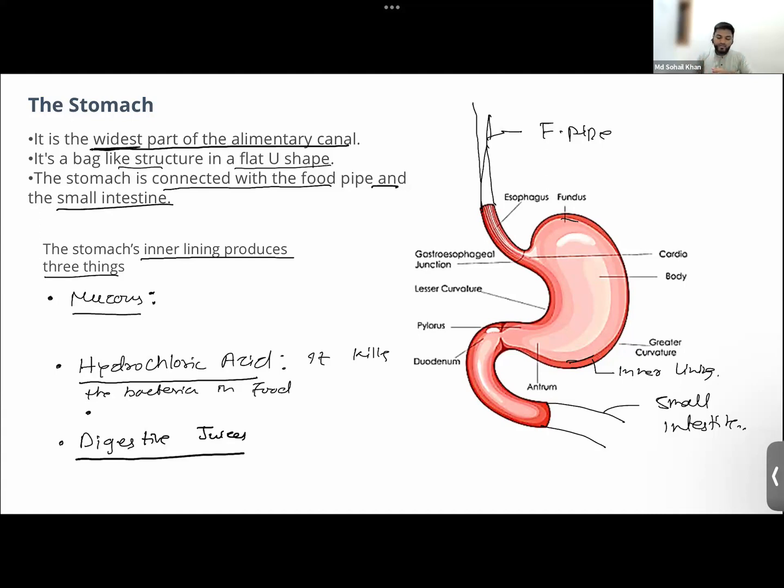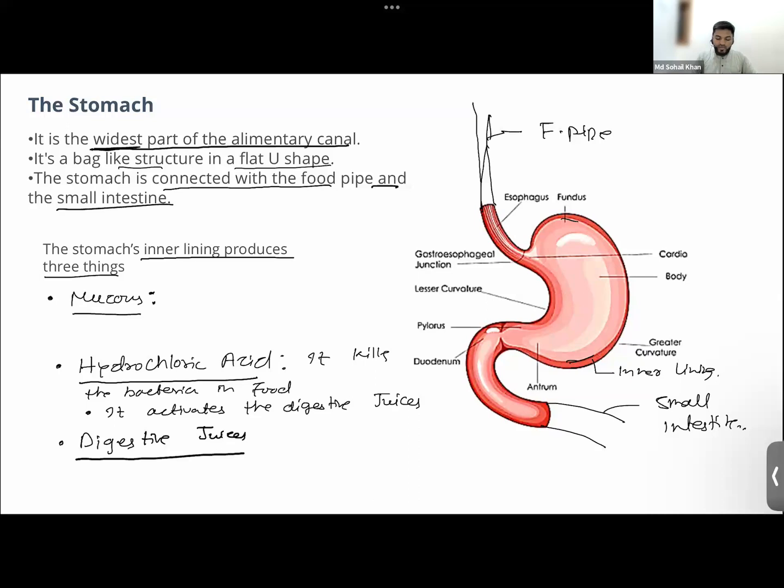Now, these digestive juices will also act upon the food, but for the digestive juices to act upon the food, the food needs to be acidic in nature. Then only the digestive juices will act upon the food. So it activates the digestive juices. Are you guys getting it? Yes, sir. It activates the digestive juices.